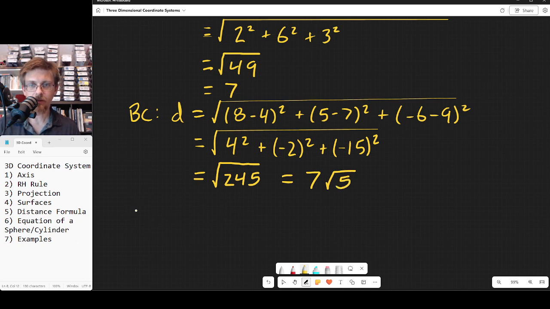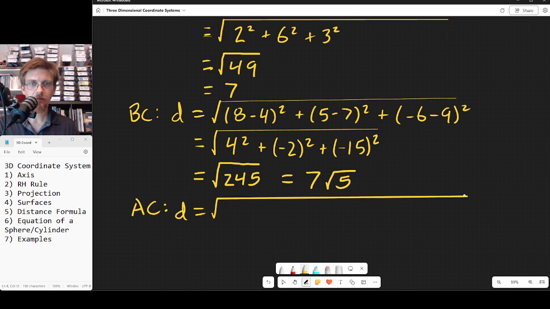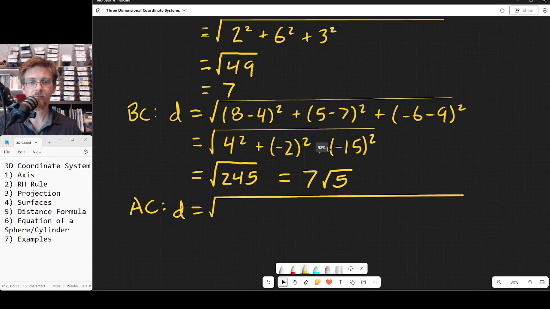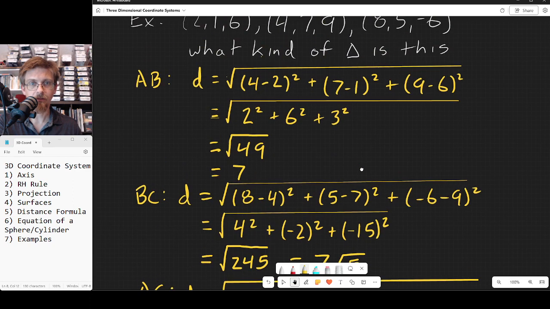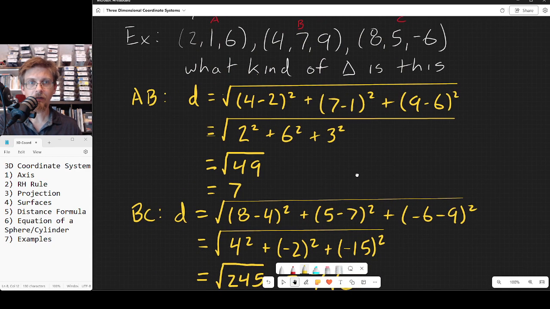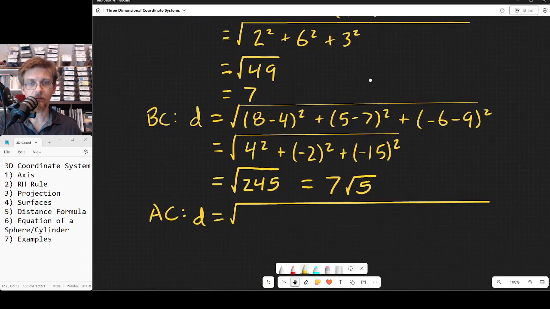Okay, and last one here, we're going to go from A to C. And our distance here is going to be equal to... All right, so we've got 8, 5, negative 6, and 2, 1, 6.